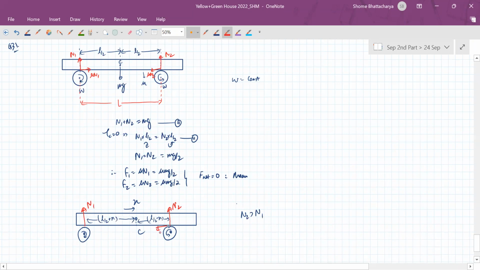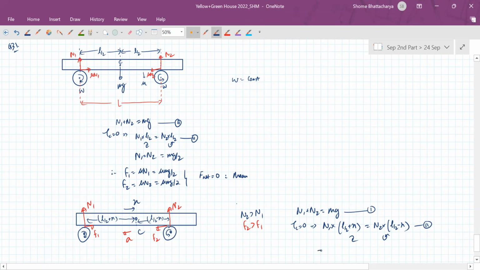As a result, this friction would have become greater than this friction, and so the block will have an acceleration in this direction. Now your N1 plus N2 is still mg, but net torque about the center of mass is 0. So N1 into its moment arm, that is L by 2 plus x, is balancing N2 into L by 2 minus x. Clockwise torque, anti-clockwise torque. This is your torque balancing equation.